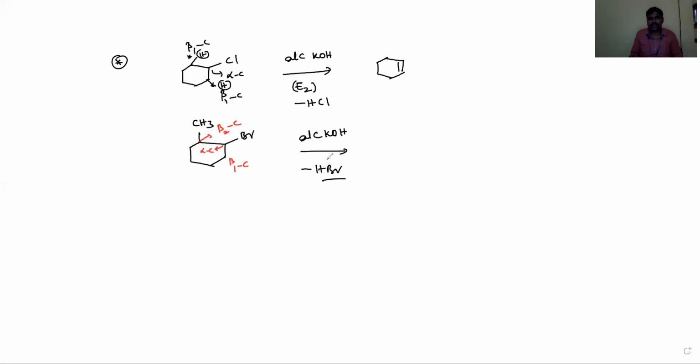If you remove the hydrogen atom at beta 1 carbon, we get a product like this. And if you remove the hydrogen atom at beta 2 carbon, the product is a tri-substituted alkene, and the other is a di-substituted alkene. This is the minor product and this is the major product. Okay, dear students, now some exceptions are also present.